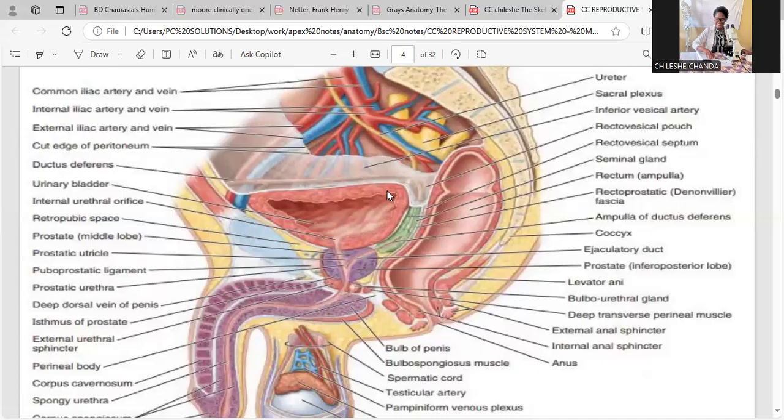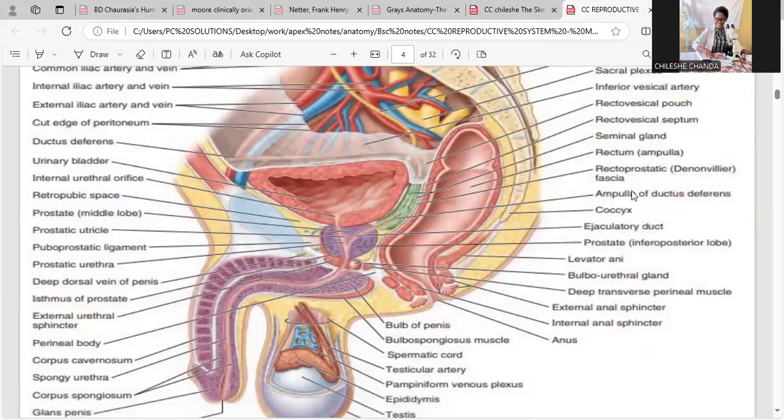If you look at this diagram properly, you're going to notice that this is the bladder of this human being, okay? This is the rectum of this human being. And then we have from the bladder, the urethra coming all the way up to the penis and onto the external side.